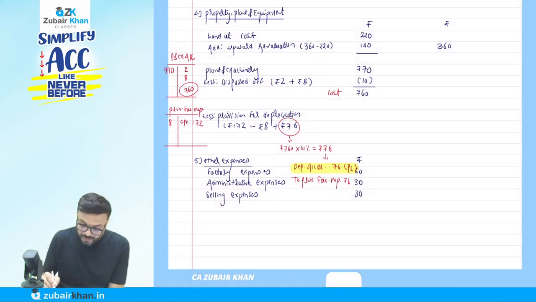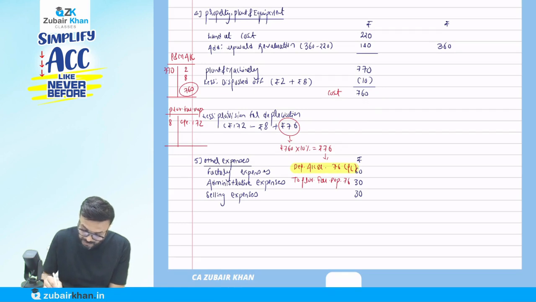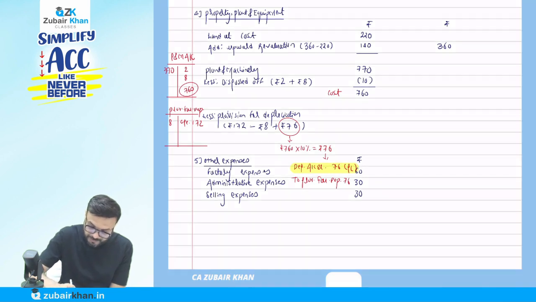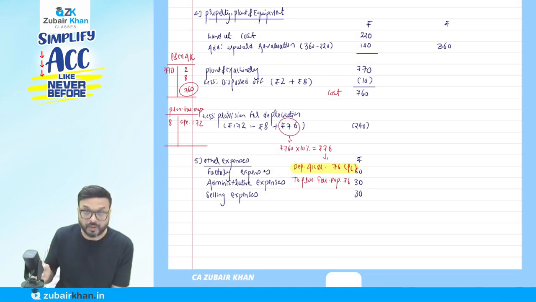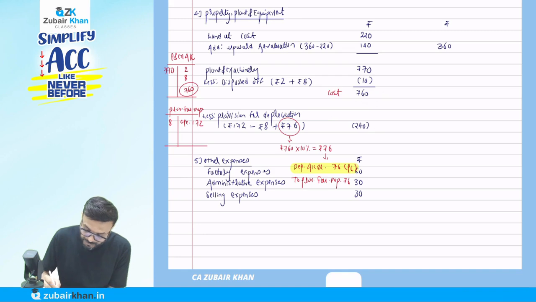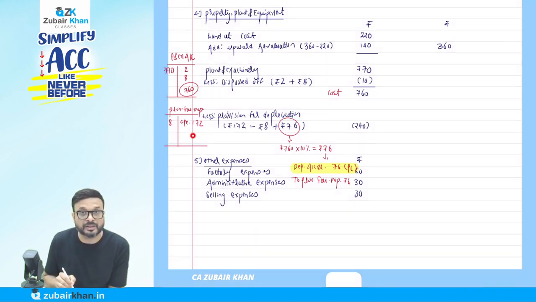Okay. Now, how much is the balance coming in the outer column? 172 minus 8 plus 76, that is coming 240. So now, where will we cross check whether the balance coming in provision for depreciation is 240?